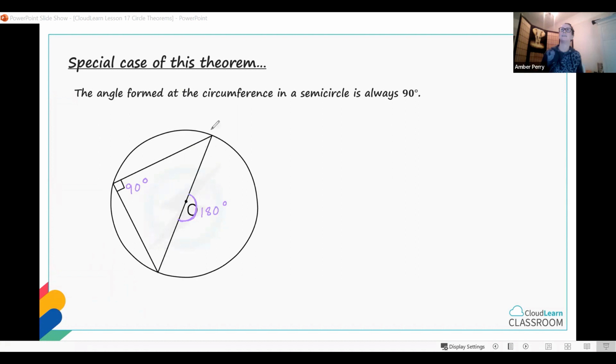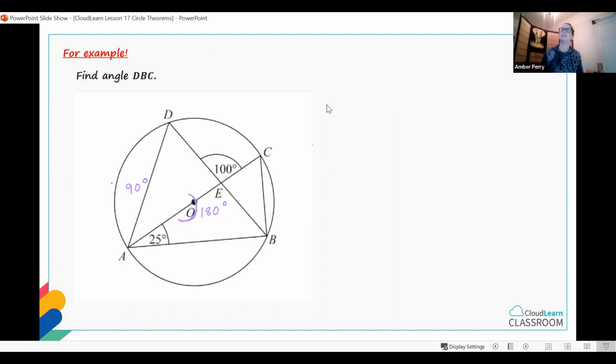So if you have a semicircle, you've got a diameter and it forms a triangle like this, where one angle is at the circumference, then you're going to have a 90-degree angle. You're going to have a right angle in there. Okay, so that's a special case, very useful, comes up very often, so definitely worth being aware of it and looking out for it.